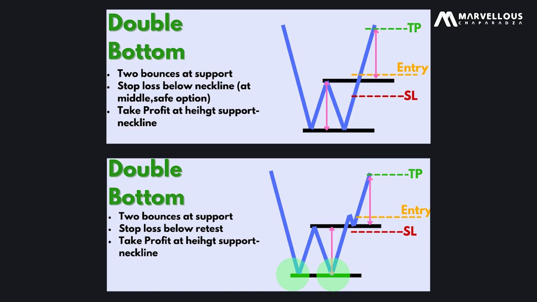And when you plot a horizontal line on the previous lower high, you form a neckline. And when the price breaks out of this neckline, usually this indicates a potential reversal. But to confirm the potential reversal, you have to wait for a retracement. If the price moves back to the neckline and confirms it as a newly formed support, then the price reversal in the bullish direction is confirmed.